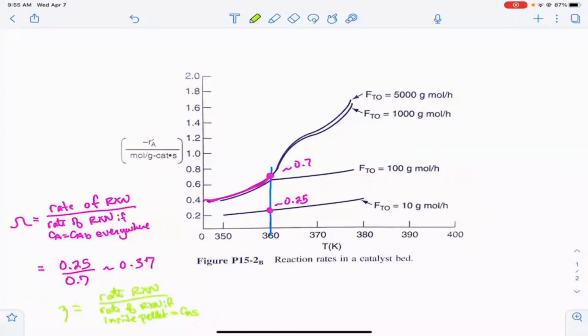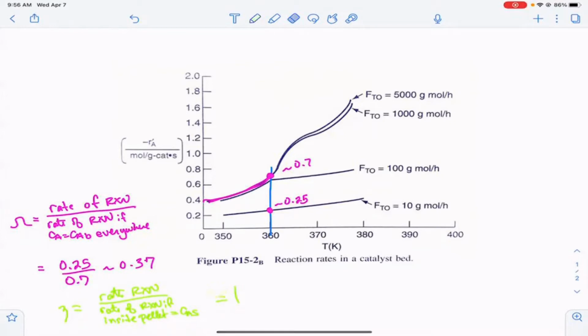So if we look at our condition at 100 gram moles, or even at 10 gram moles, we're external mass transport limited down here, and we're kinetically limited here. So at both of those locations, that is approximately equal to 1, because the concentration in the particle should be equal to the surface concentration, because we're not internal mass transport limited.